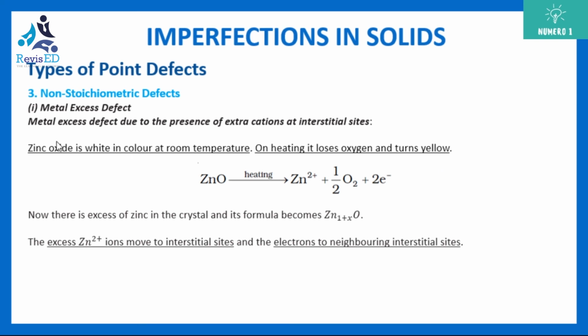So please remember that zinc oxide, ZnO, when you heat it, loses oxygen and turns yellow. It's a property. This is another type of metal excess defect. Here it is because the extra cation is occupying the interstitial site. So that's why metal is present in larger quantity, hence metal excess defect.